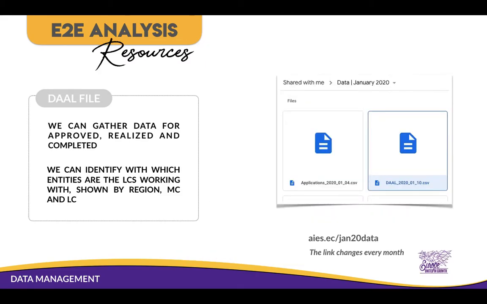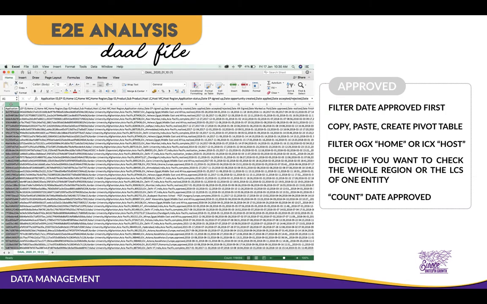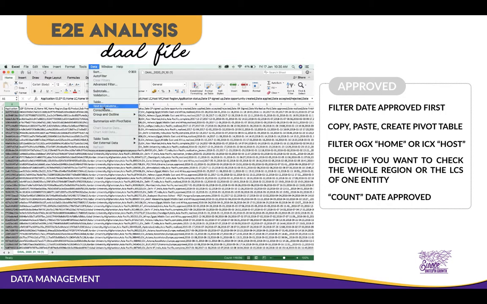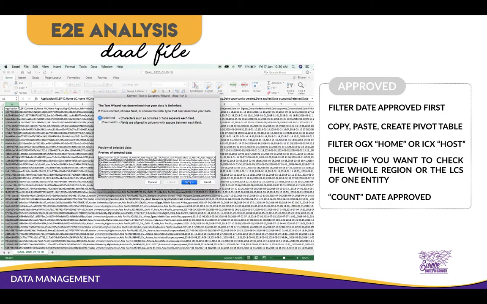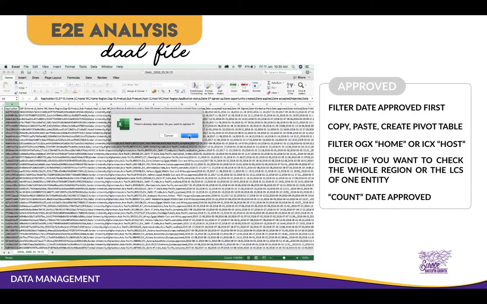Now we also have the DAL file. This is the main data file that you can find because it contains a lot of information. So we're going to work with this one. Basically, we start the same way. We divide text to columns, so we have our data organized in different columns. And we wait a little bit.